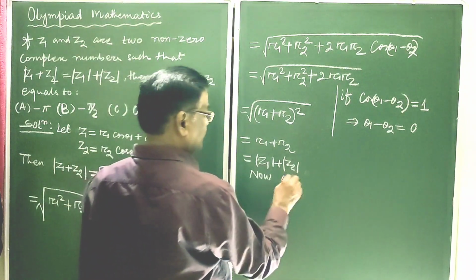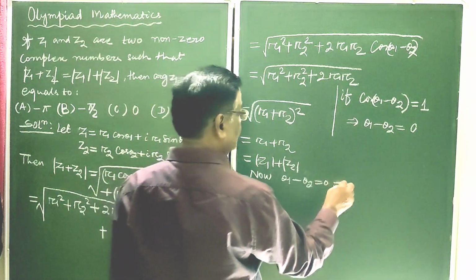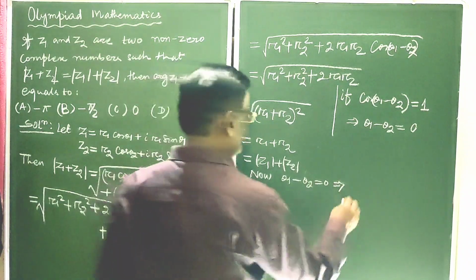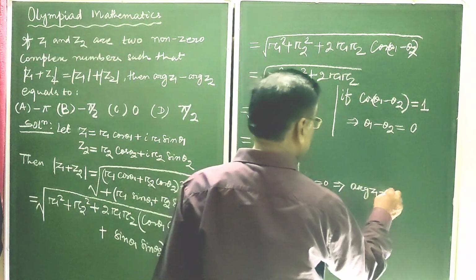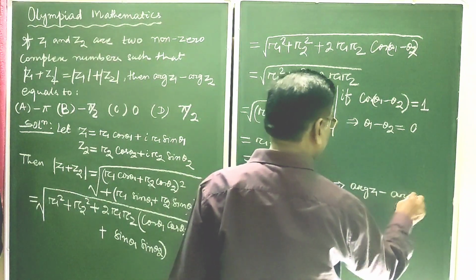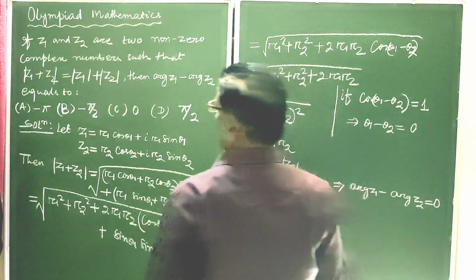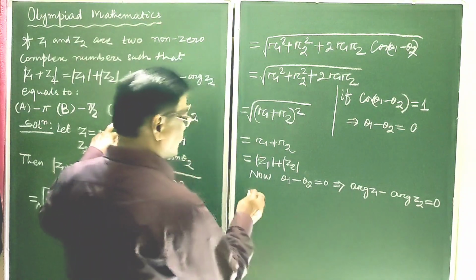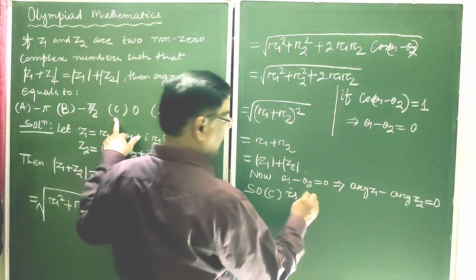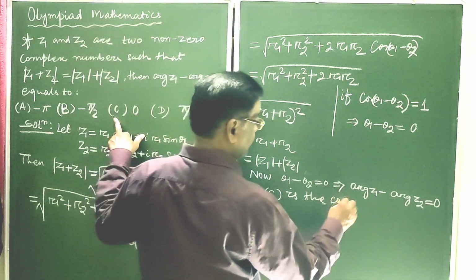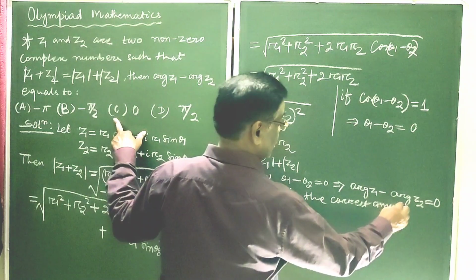Now theta 1 minus theta 2 is equal to 0. This implies argument of Z1 minus argument of Z2 is equal to 0. So option C is the correct answer.